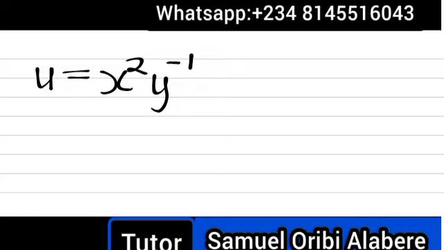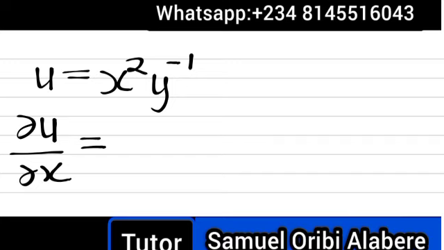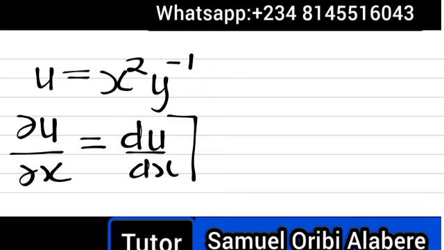So now, in order to take the partial derivative of u with respect to x, which is the next thing we are expected to do, only that y in this case will be constant.